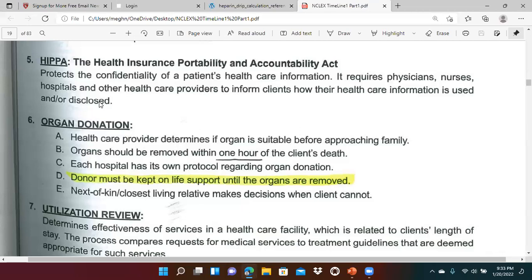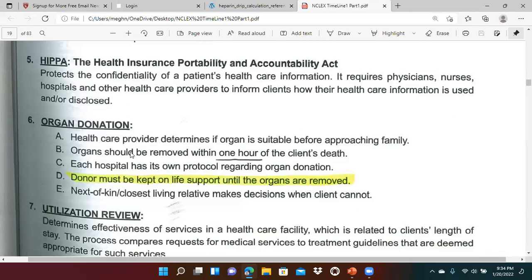So HIPAA is a federal law that required the creation of national standards to protect sensitive patient health information from being disclosed without the patient's consent or knowledge. Next, organ donation. The healthcare provider determines if the organ is suitable before approaching the family.